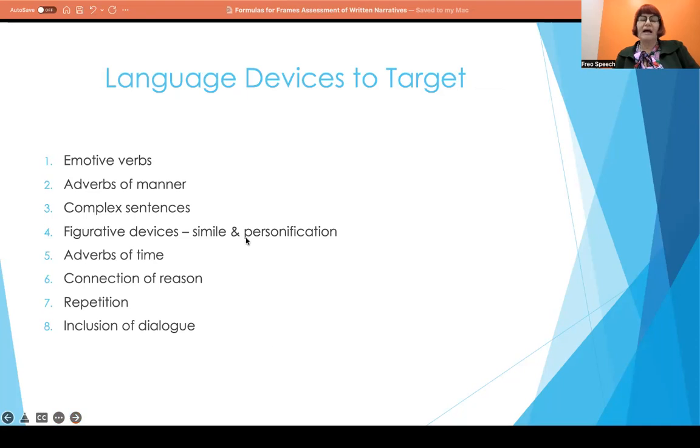And what do we need to target? Emotive verbs in both, because there weren't any in either. More adverbs of manner, so we can teach her how to jazz up her verbs. More complex sentences using connectors of reason and consequence.